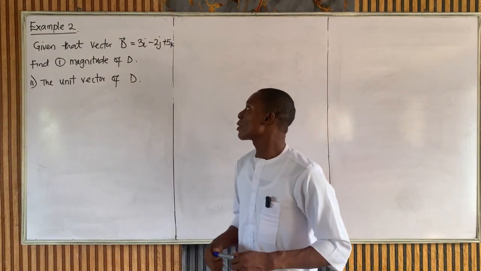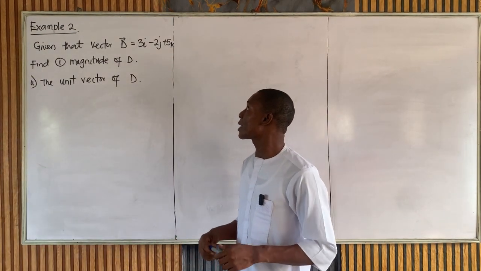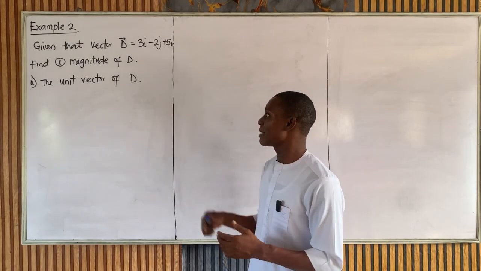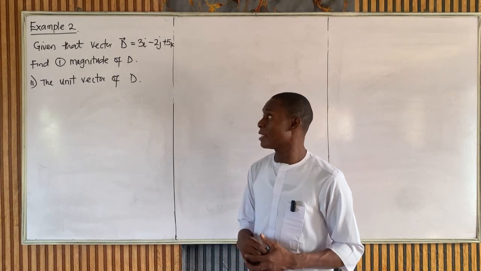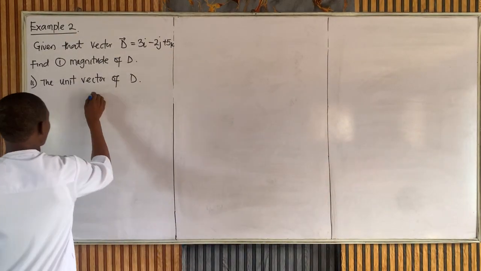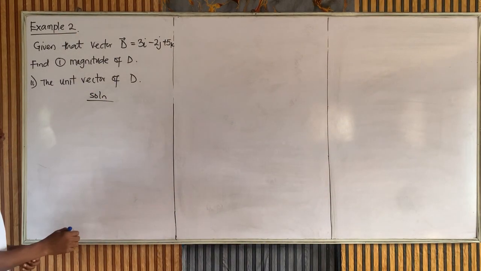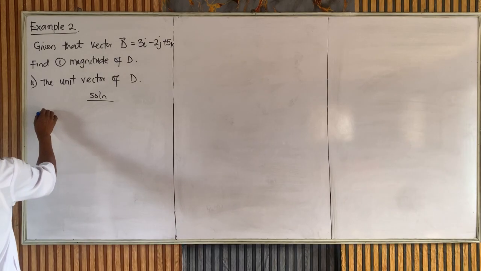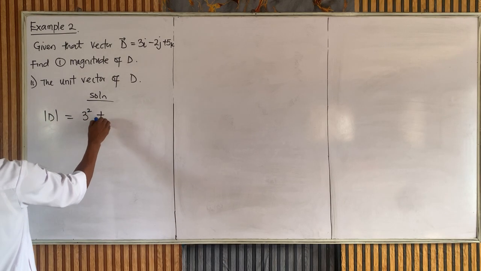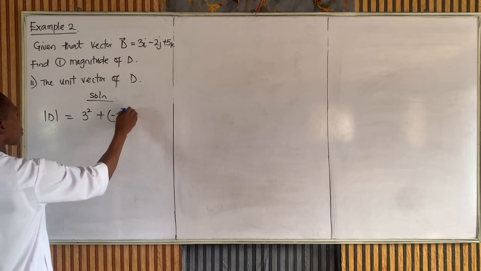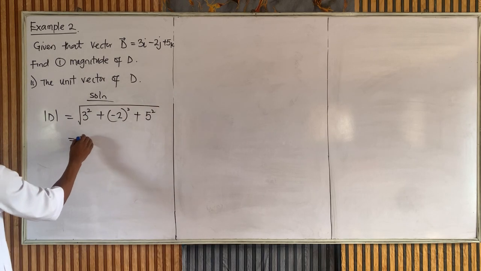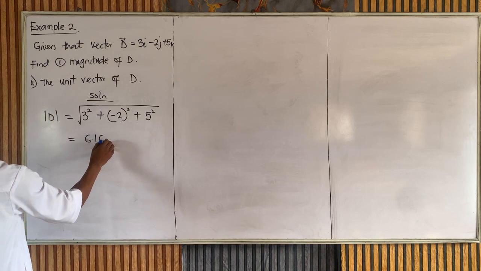Okay, example 2. Given that vector D is equal to 3i minus 2j plus 5k, we have to find the magnitude of D and the unit vector of D. To solve this, all we need to do is say that the magnitude of D is given as the square root of 3 squared plus (minus 2) squared plus 5 squared. And this will give us 6.16.